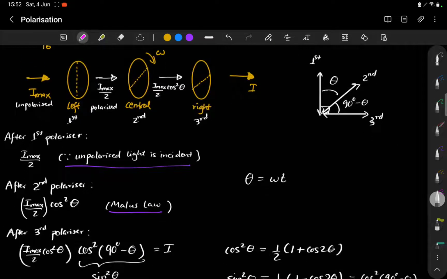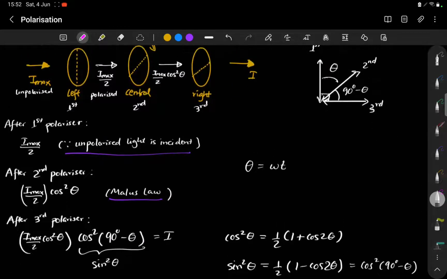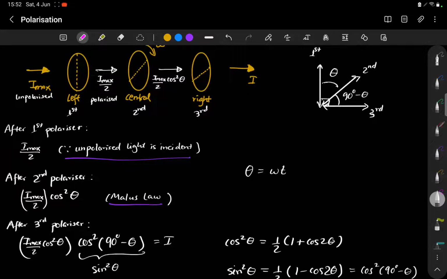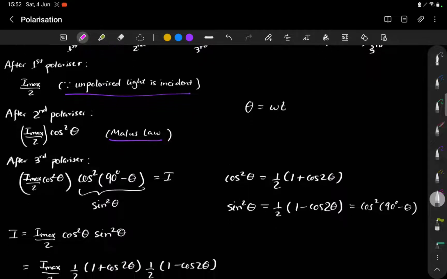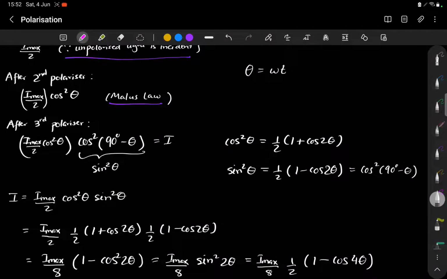So we have repeatedly used Malus law over here, and also the fact that if an unpolarized light beam is incident on a polarizer, then the output beam is polarized along the transmission axis of the polarizer, and its intensity is half of the input intensity. So this solves the question. This was another question based on Malus law.